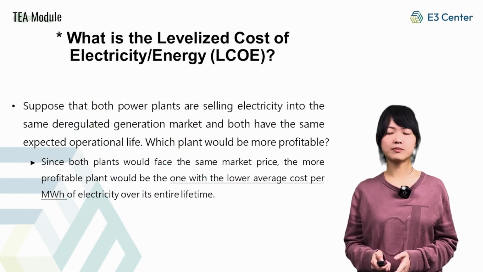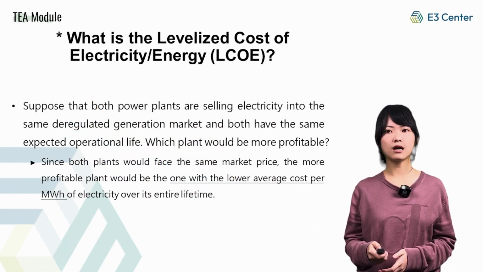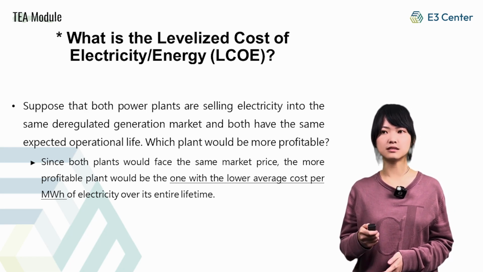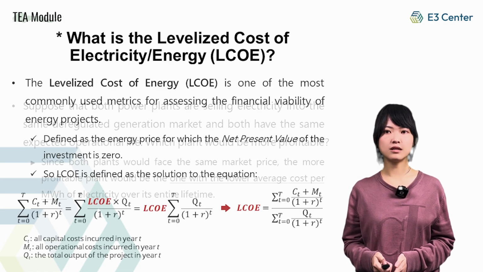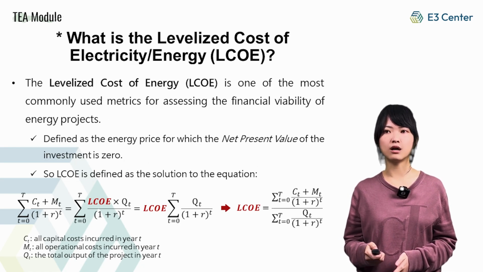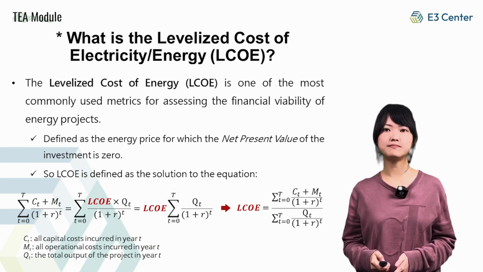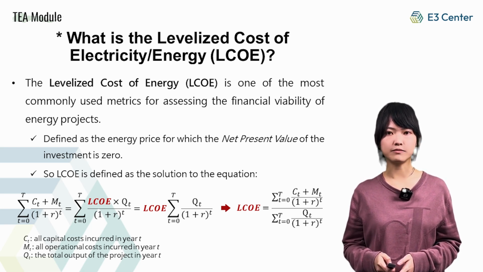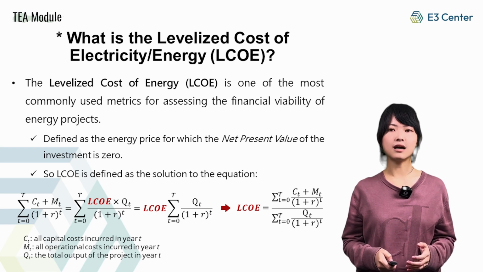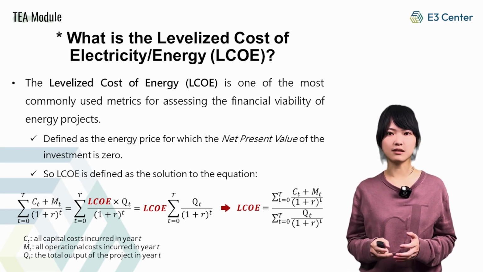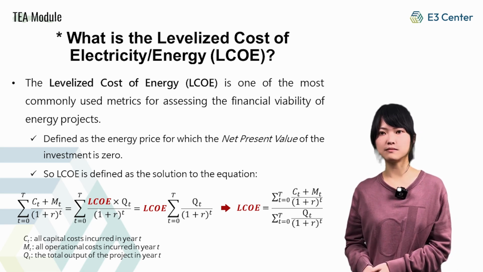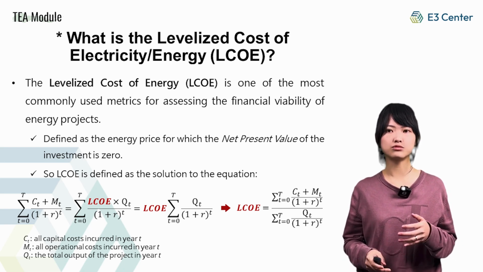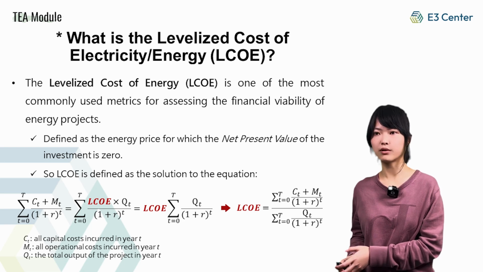The LCOE represents the average cost per megawatt hour necessary for the power plant to break even over its operational life. This calculation includes all the capital and operational cost, divided by the total electricity generation, adjusted for the time value of money. By comparing the LCOE of different generation technologies, investors and policymakers can determine which technology offers the best financial returns relative to the market price.